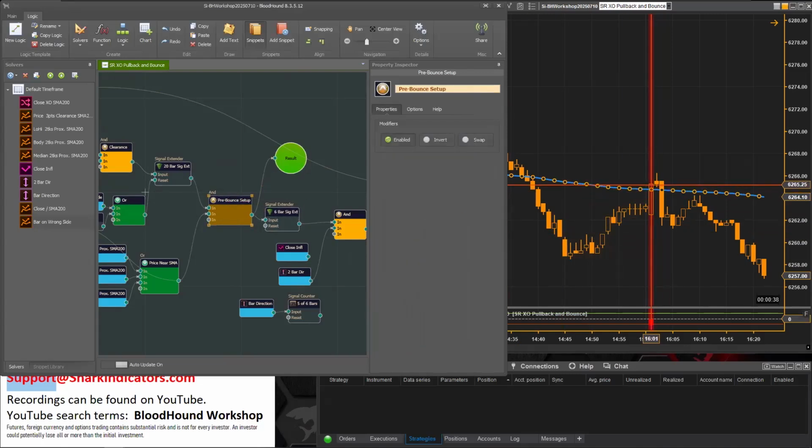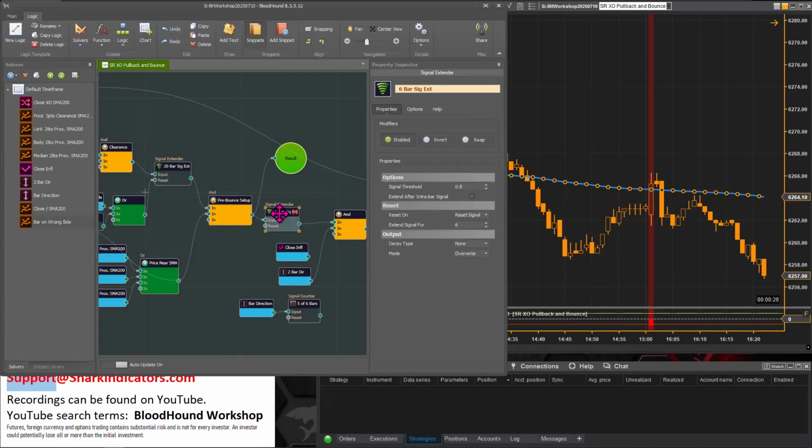We do actually have price near our support resistance here, so we do actually have an output that we can then extend forward in time to wait for price to move away, like so. All right, so that did actually work.